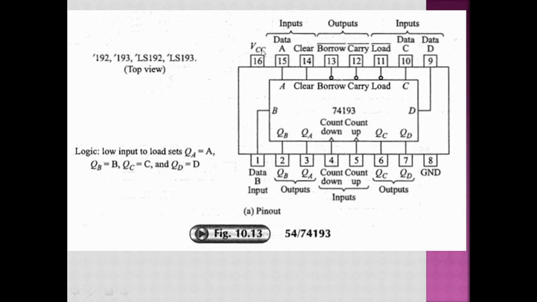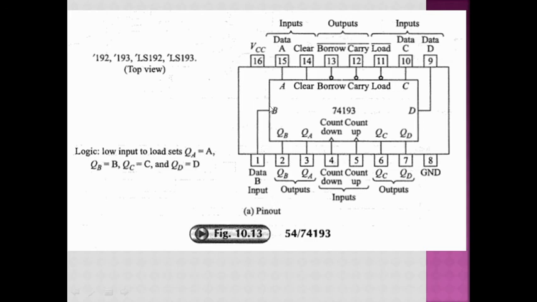As usual, pin number 16 is connected with VCC, and pin number 8 is connected with the ground. This IC normally operates with a +5 V regulated power supply because this is a TTL IC, remember.